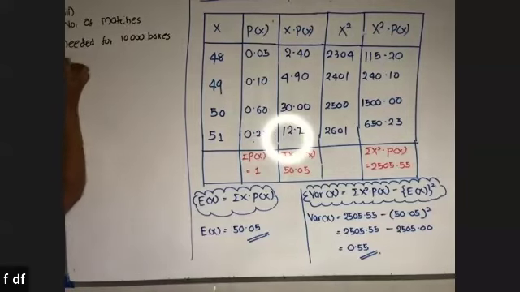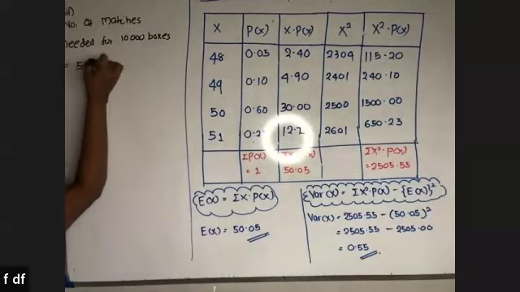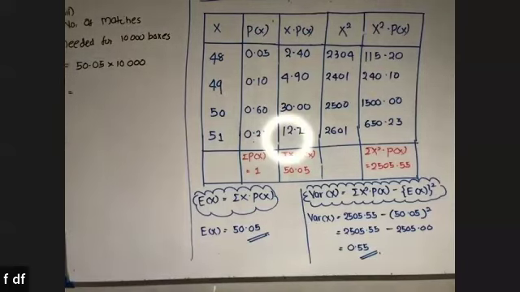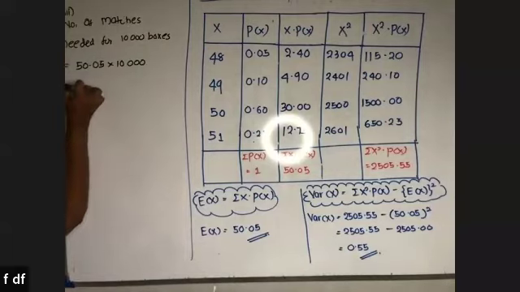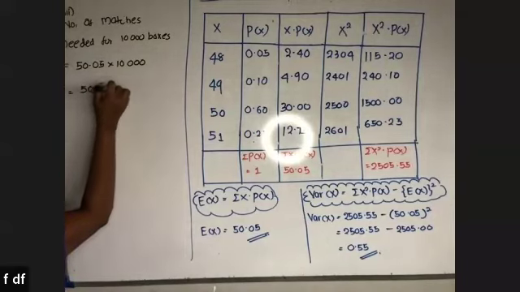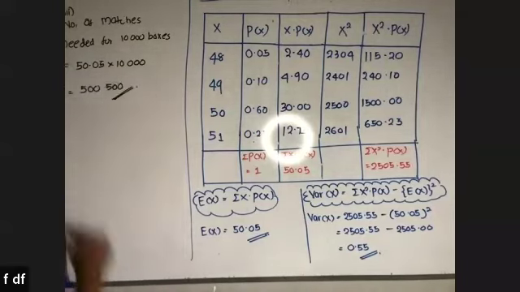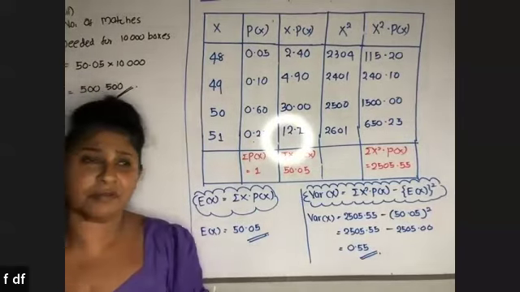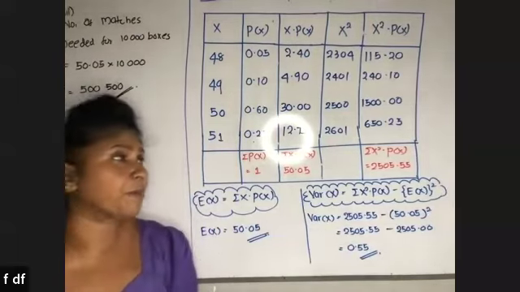So what is that? 50.05 is to be multiplied by 10,000. That is 500,500, that is 500 more than 500,000. Now this is your number. According to our theory, it is only 500,000, but that is not our practical way.